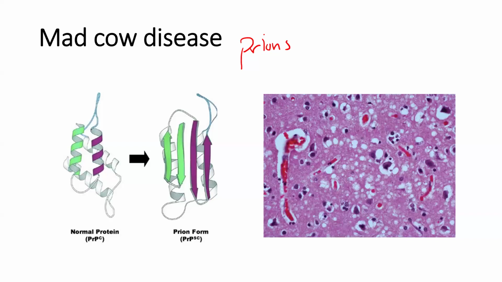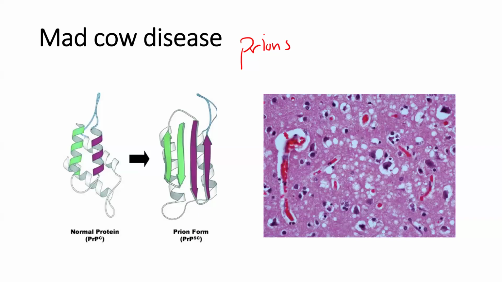So let's say this is the normal one, this is the bad one. It will come find it, and then it will cause it to misfold. And now I have two misfolded proteins, right? And then now they will go find other normal proteins and cause them to misfold. It's like a zombie movie. You have one zombie, the whole class is going to become zombies afterwards, right? So if you have one misfolded protein, all the proteins will be misfolded eventually.